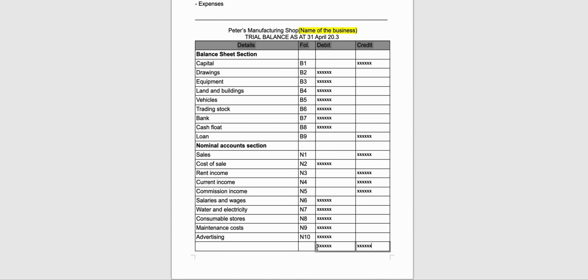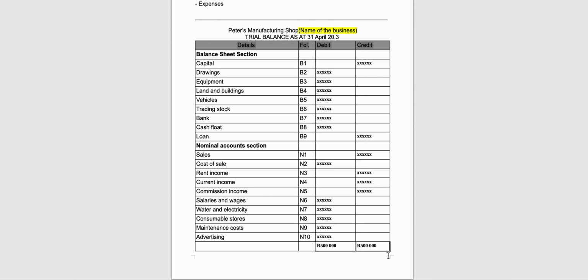So both these amounts, the total of the debit side as well as the total on the credit side, will be the same amount. So let's say, for example, your debit side total is 500,000. When you add up the credit side as well, it will give you the same amount of 500,000.